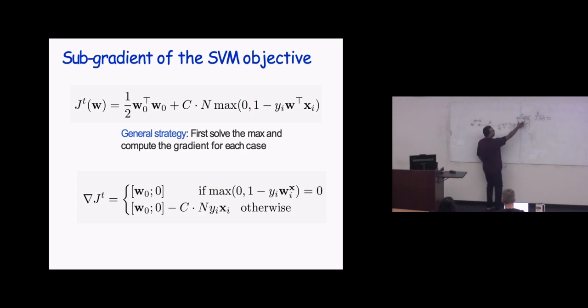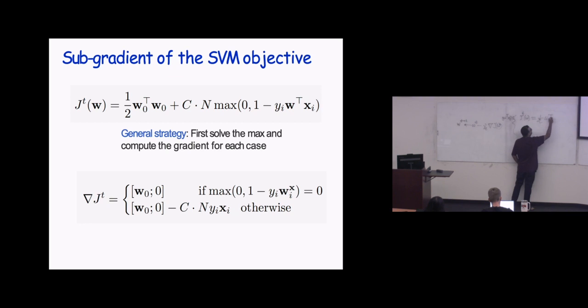When it is greater than 1, the second term becomes negative, so the max becomes 0. So this function just becomes this. In the first case, the max is 0 because the other term becomes negative.